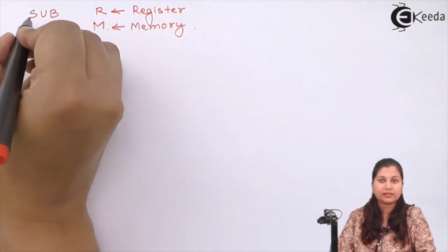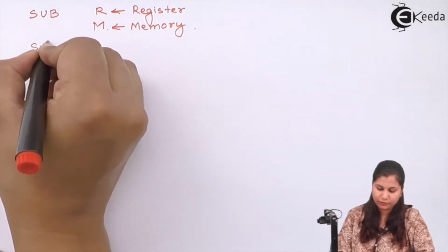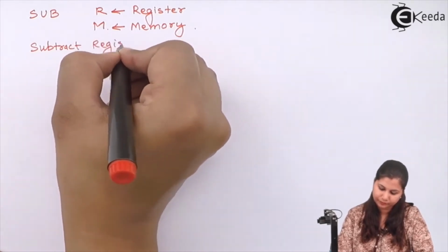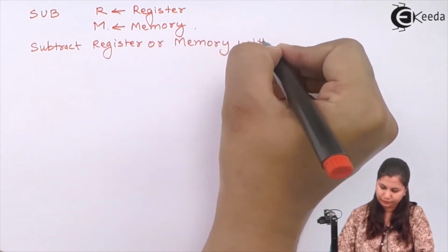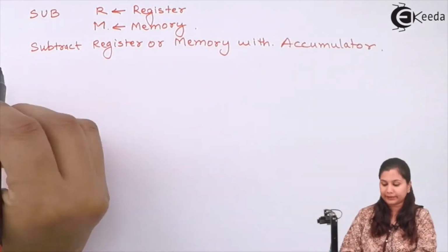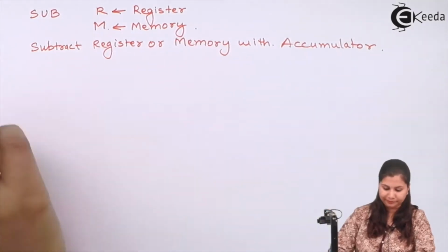So what this instruction SUB is doing is subtracting the register or memory from the accumulator.